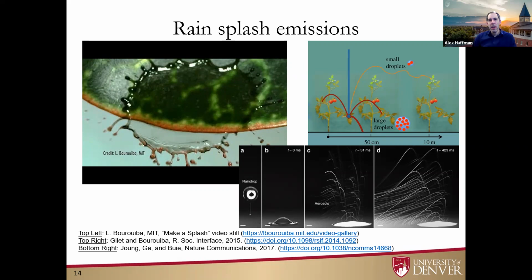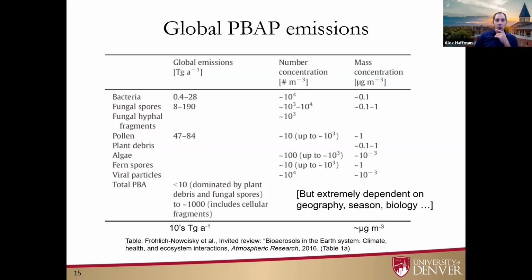Okay, go ahead. So that was a really whirlwind tour of some of the mechanisms, and I just wanted to come back from the outdoor environmental perspective. The global PBAP emissions are significant. So this lists various different types of fungal spores, as we've talked about a little bit, from bacteria and on down. And so you can see on the left side, the emissions are in the teragrams per year, anywhere from less than a teragram.